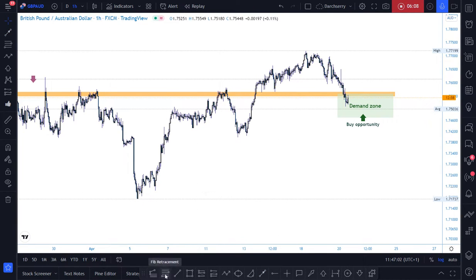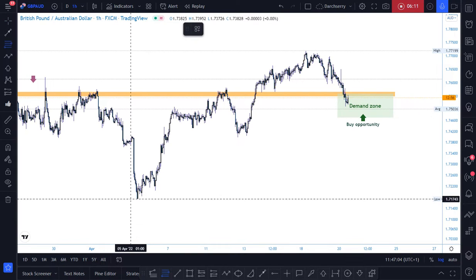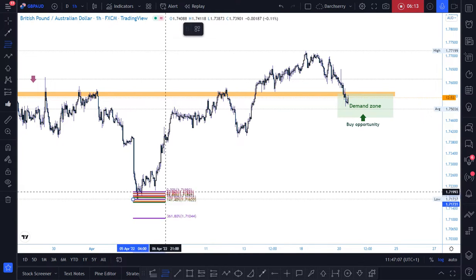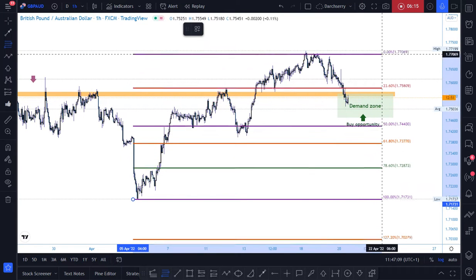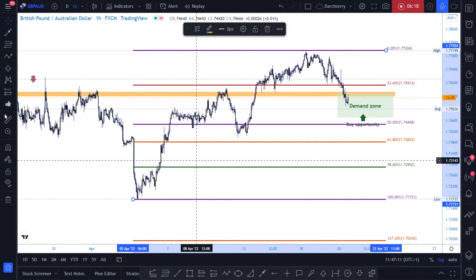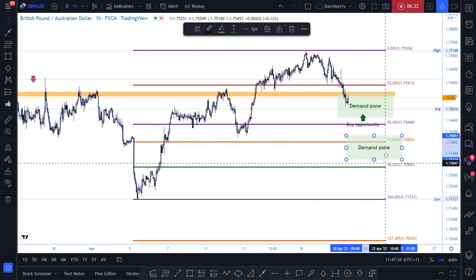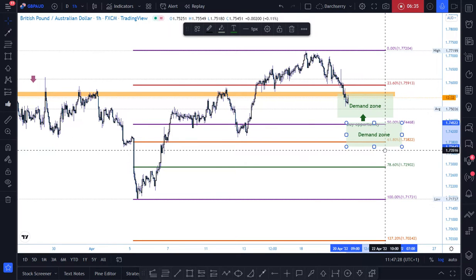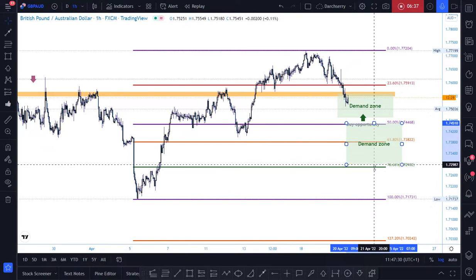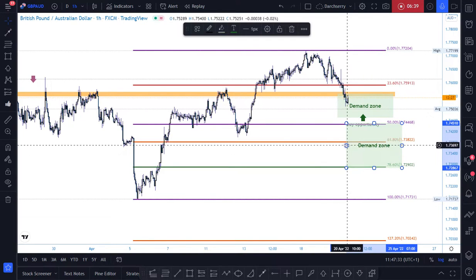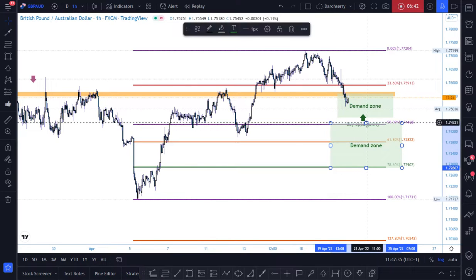If we pull out our Fibonacci retracement tool, the golden zone of our first impulse leg is going to be around this area, between 50 and 78.6 retracement. So we can call this our demand zone 2.